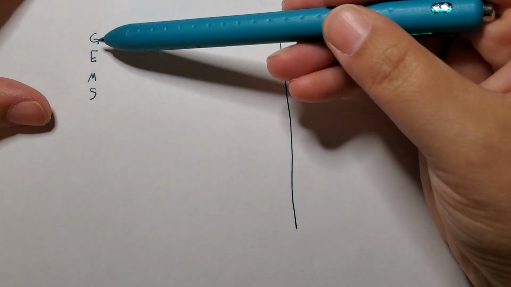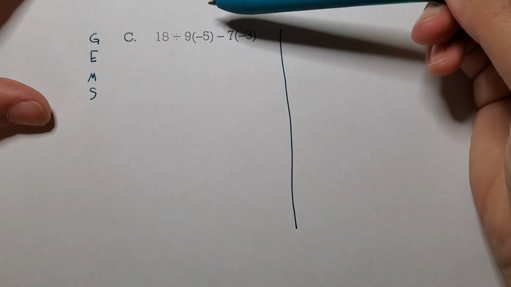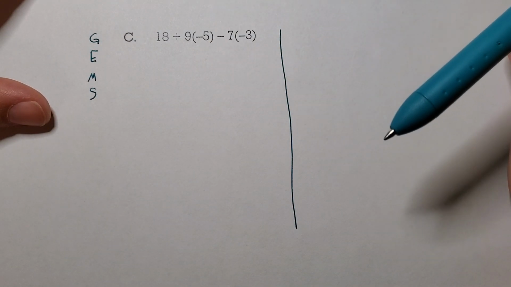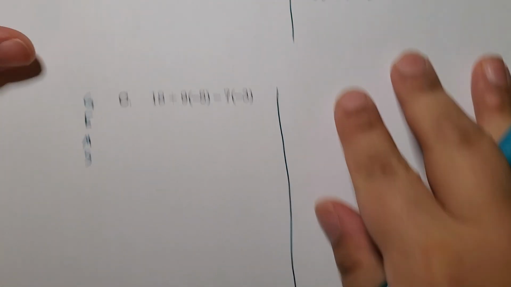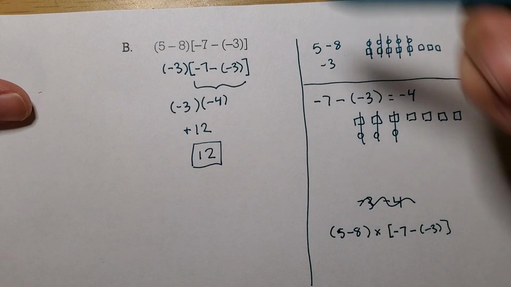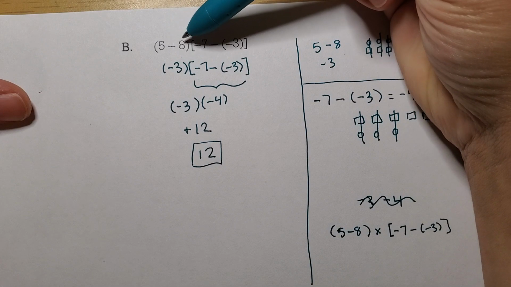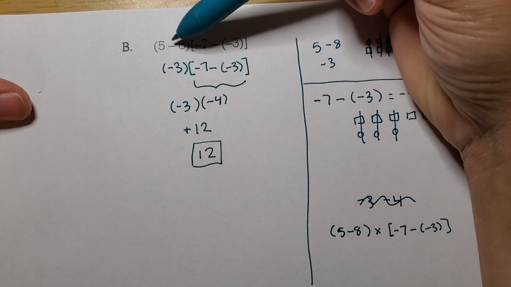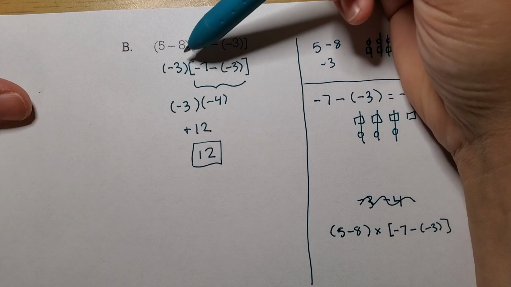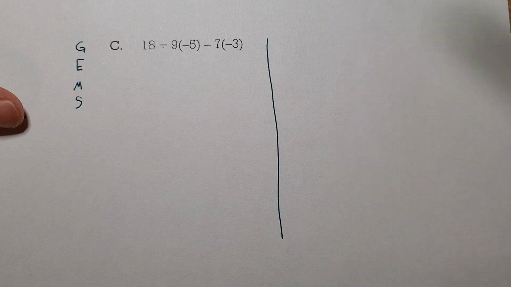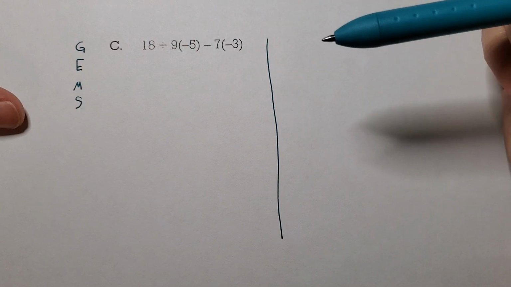So we actually don't have any grouping symbols, because there's no operation inside, just a single number. Versus in the last problem, we had an operation inside that first set of parentheses. We had a subtraction to do. Okay, so these parentheses were grouping an operation, whereas these parentheses are not.